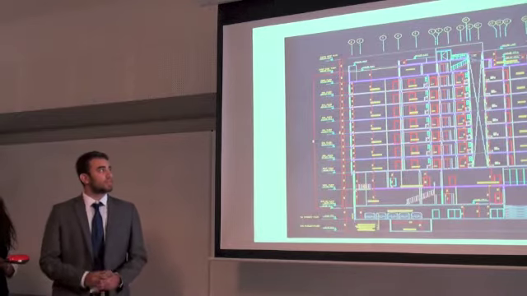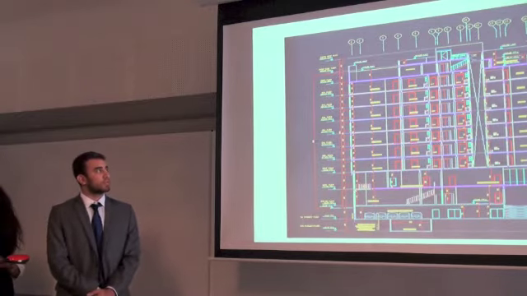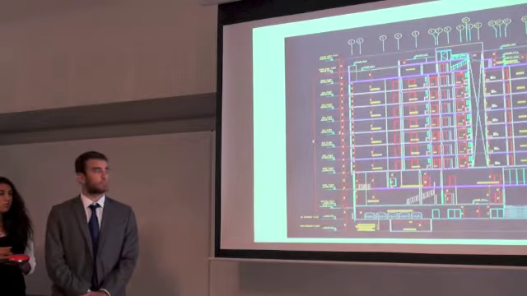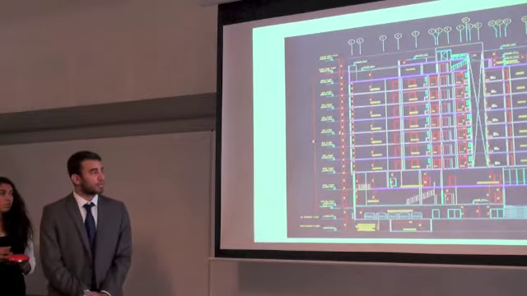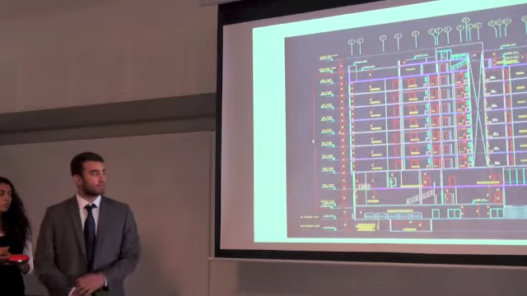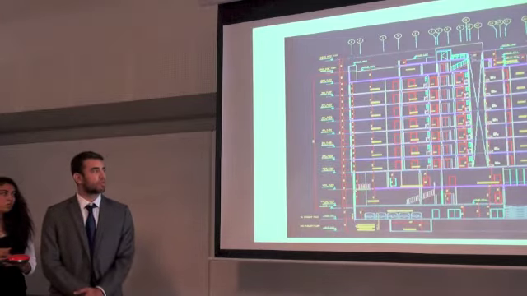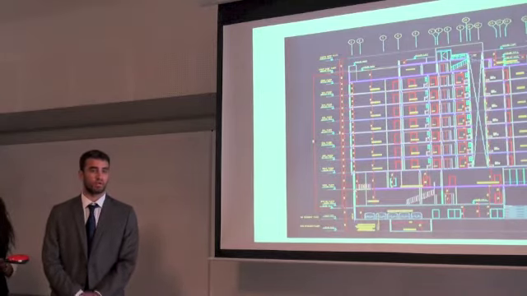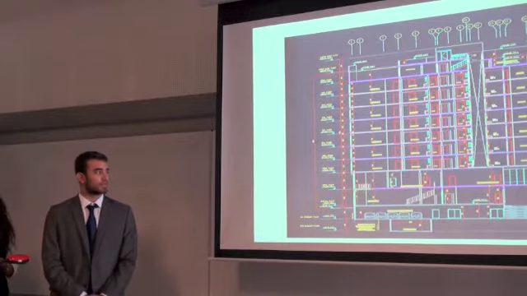Now, the existence of a pool on the very top level would require us to take extra caution while designing the slab beneath. Finally, I'd like to note that the architect provided each residential floor with a height of 3.8 meters, which would actually be good for us since it provides more freedom to choose our slab system.